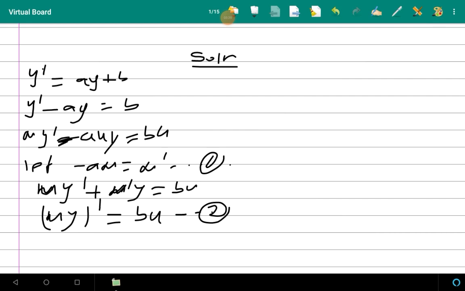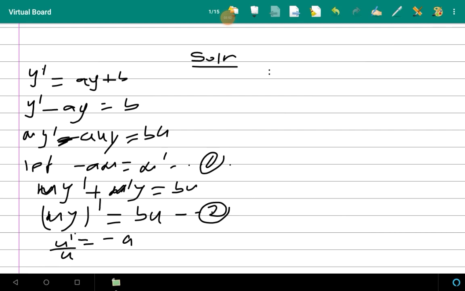Now from equation 1 we can find u and substitute it inside equation 2. From equation 1, u prime over u will be equal to negative a.